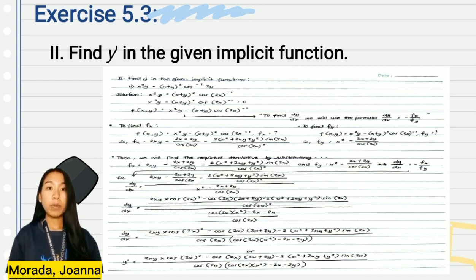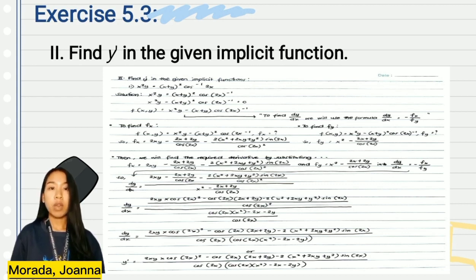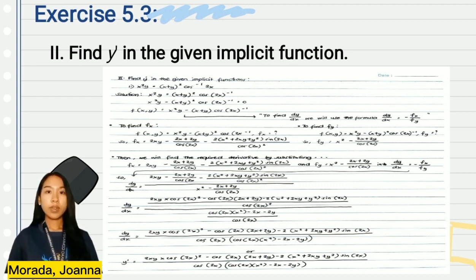So, f open parenthesis x and y close parenthesis equals to x squared times y minus open parenthesis x plus y close parenthesis cos open parenthesis 2x close parenthesis raised to negative 1.